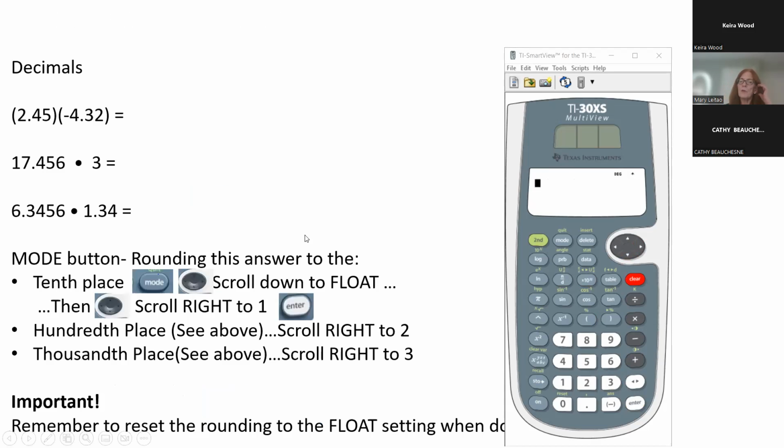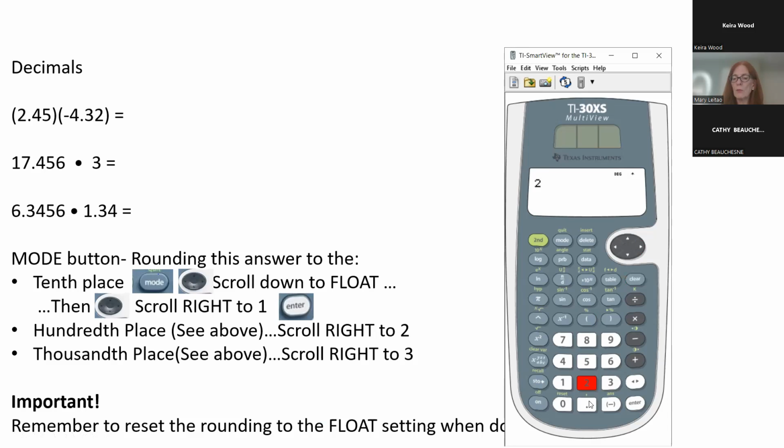Okay, decimals. They're pretty straightforward. But again, this is a negative decimal. So sometimes students will just do 2.45 minus 4.32, but you have to remember that that is a negative 4.32, and we can use the parentheses or not.